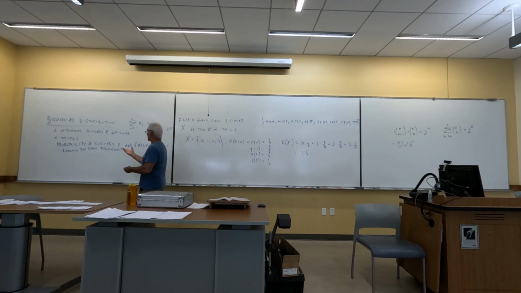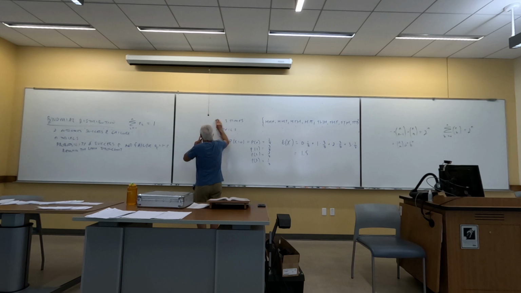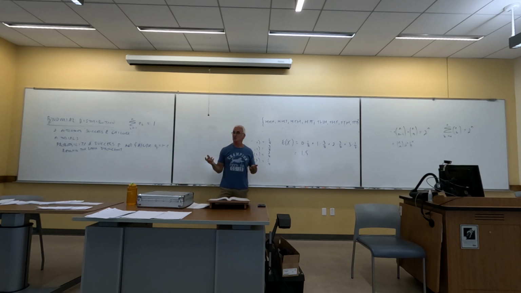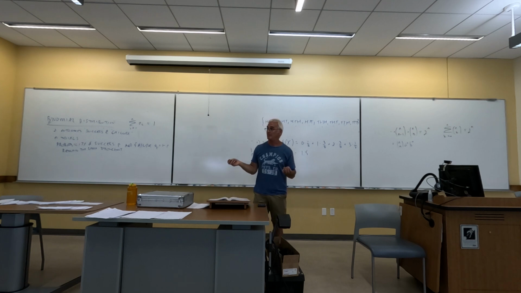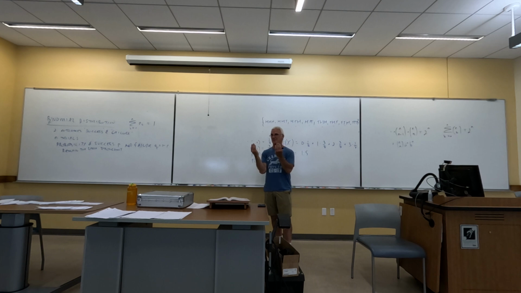So this is it. A coin flip is probably the simplest example that most people think of in a binomial. But the coin flip is a little artificial because it is the situation where p and q are both 0.5. Binomial experiments could be anything. So deciding that I'm going to start with a coin flip, it's the easiest one, but again, it's artificial because it's the only one where the p and q are the same.